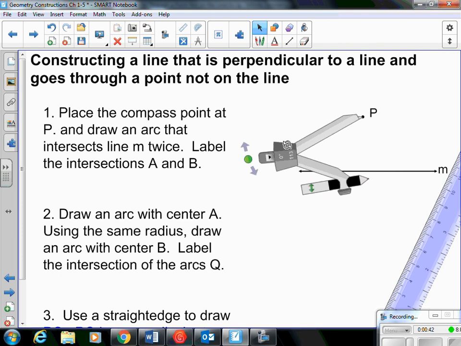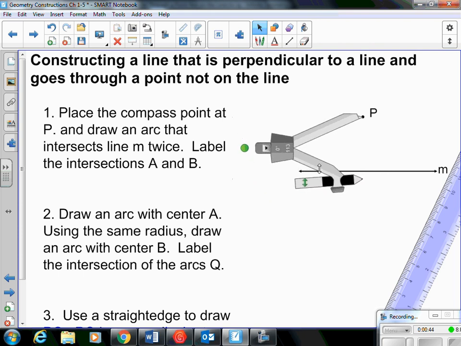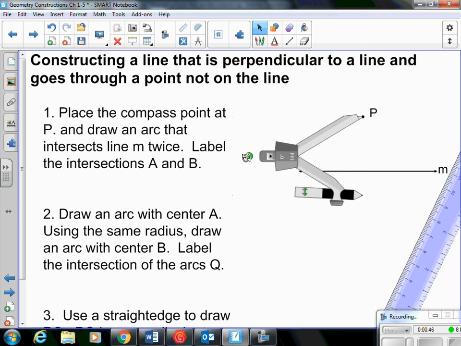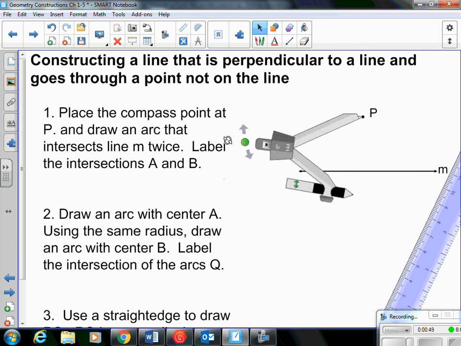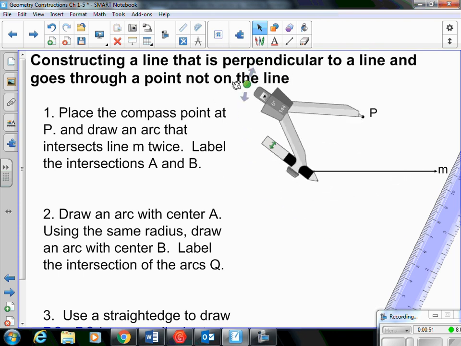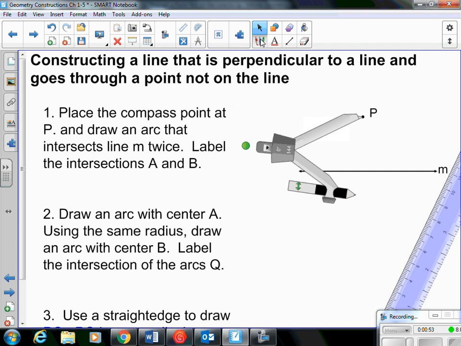Right, so it doesn't matter how far we open up our compass, as long as we're able to hit this line in two locations. Right, so we'll go just a little bit slower.